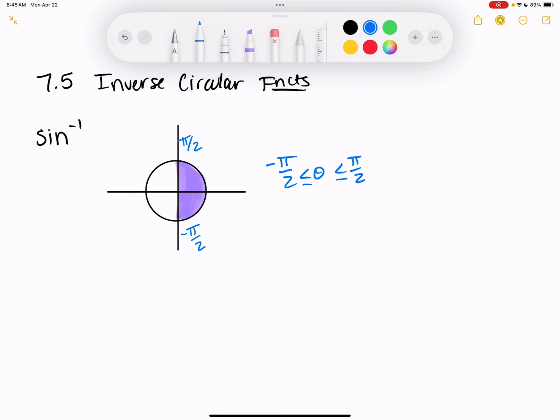Then cosine, so inverse cosine. Cosine exists on the top.